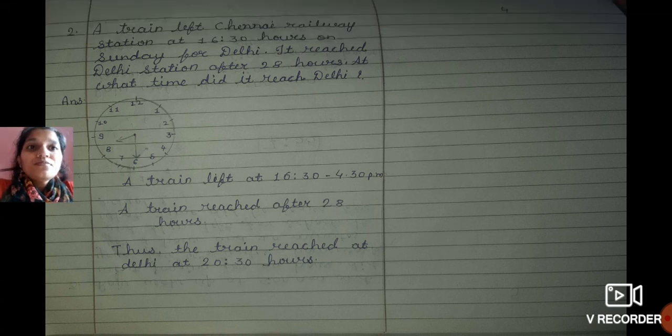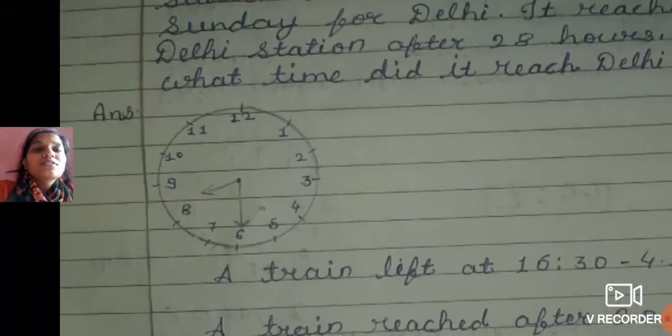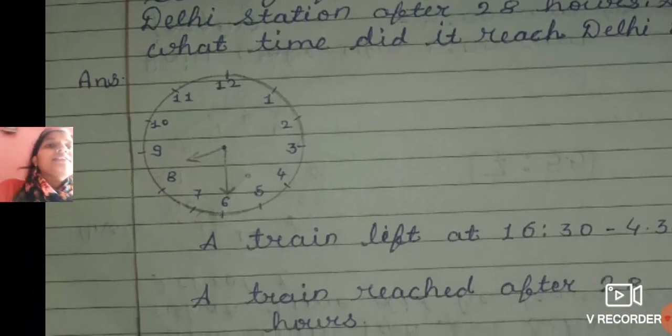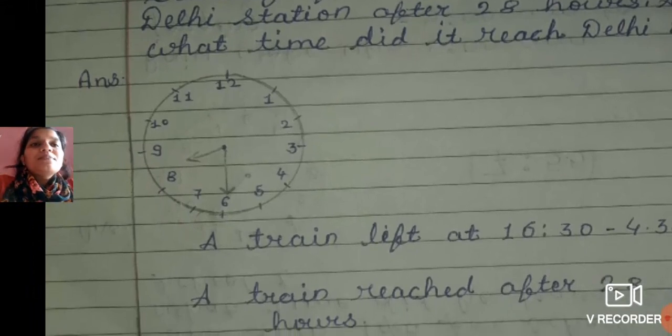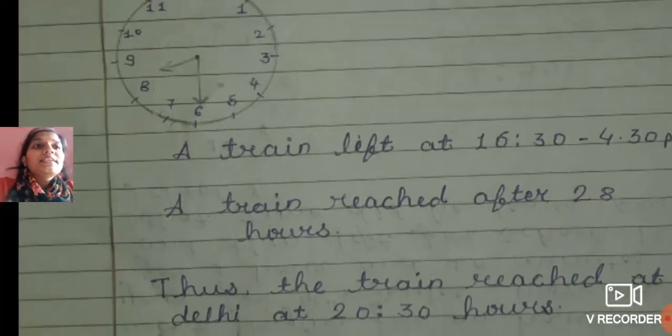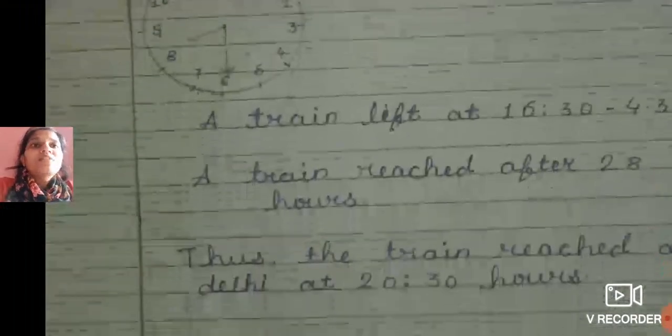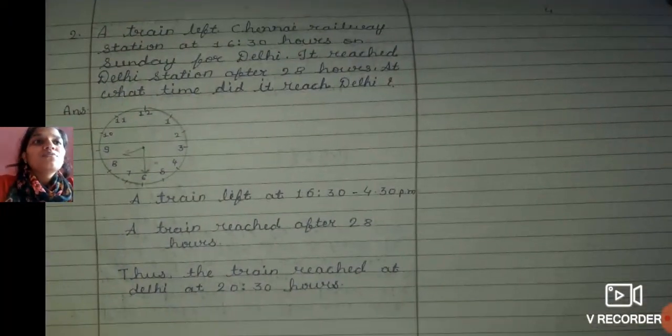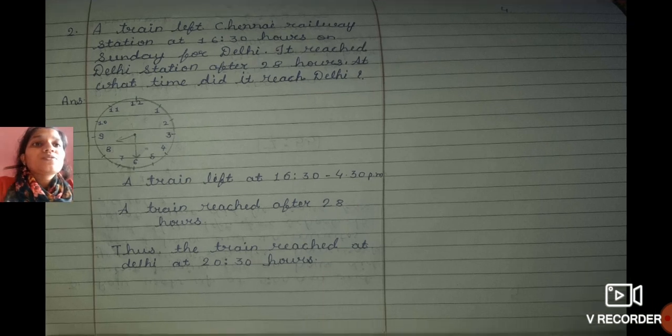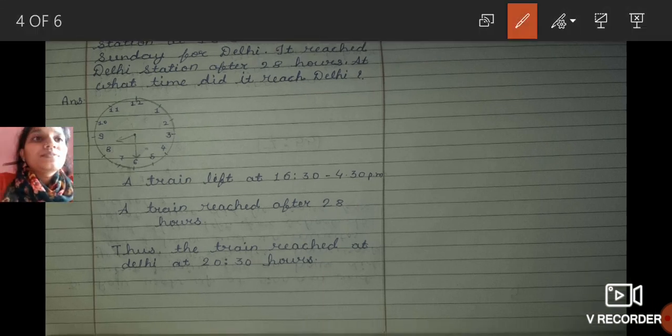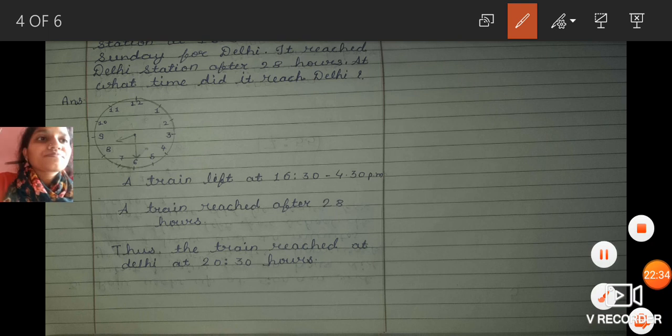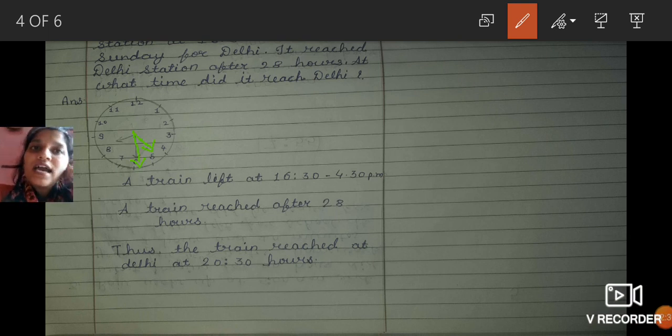And after that the train reached after 28 hours. So students, here we can see that if the train starts at 4:30, when it completes 24 hours, that means on the next day 4:30. And it takes 28 hours, that means after 4:30 we have to count 4 more hours. Now I have drawn 4:30 in the clock.